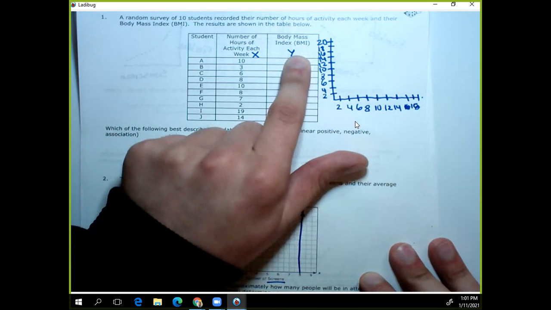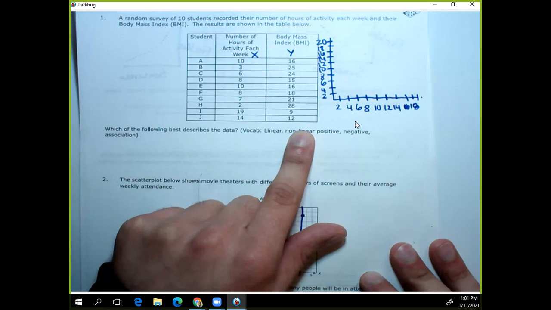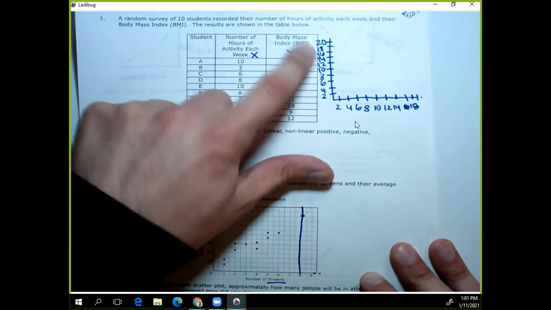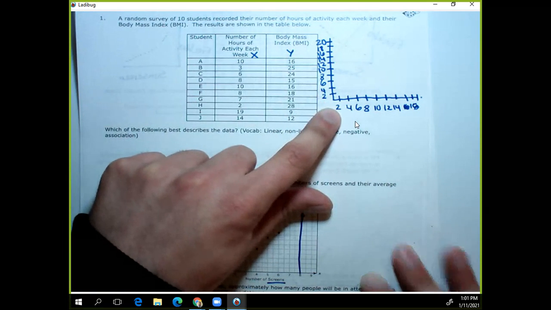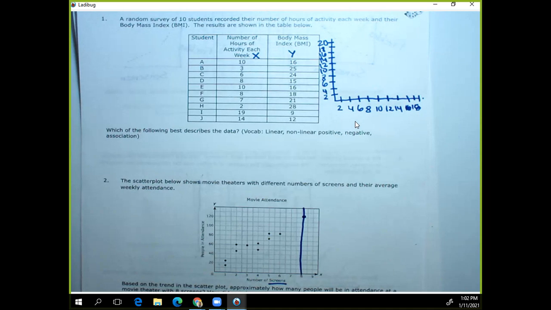And then the column on the right, that's your Y axis. So you'll graph it, and then you can label it in multiples of 2 if you want. It's okay if you go off the grid, off the graph. We're just trying to get a general idea of what correlation is giving us. So go ahead and take some time to graph that, and I'll come around and take a look.